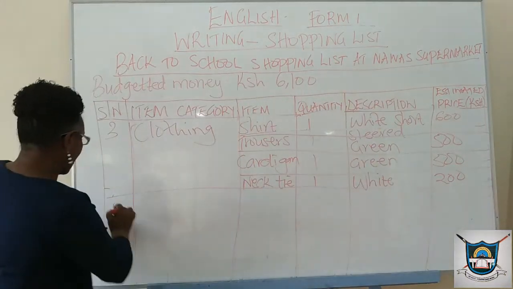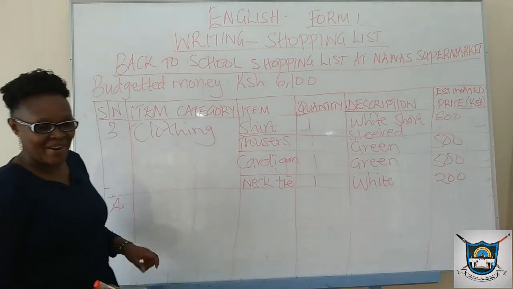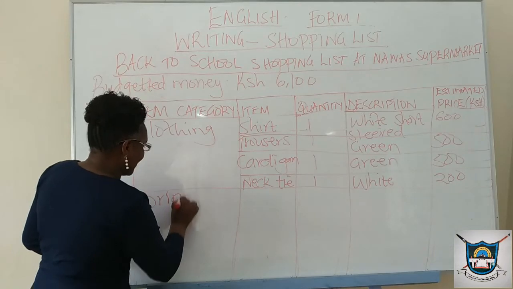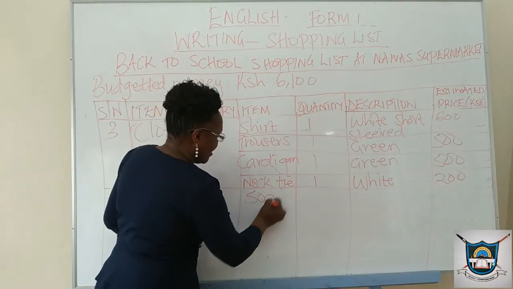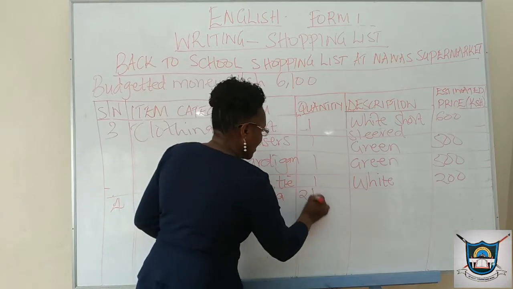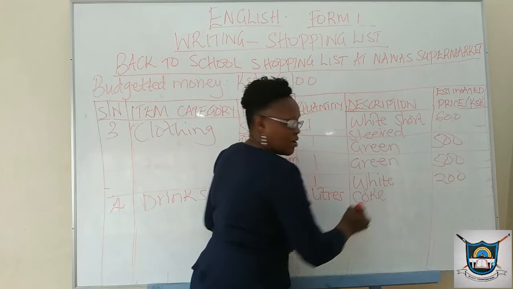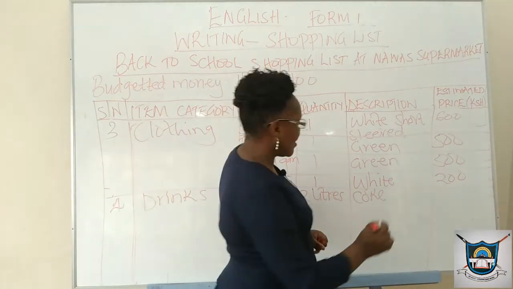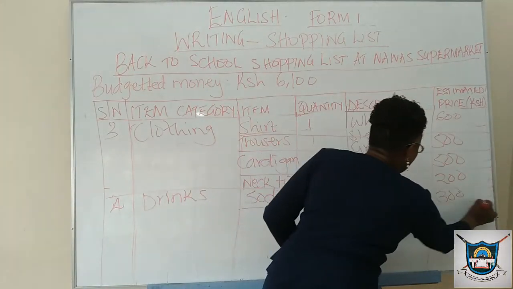Then another item category, we are going to buy some drinks. In this case, you are going to buy soda, 2 liters. Let's say we are going to take Coke at a cost of 300 Kenya shillings. So under drinks, that is the item.